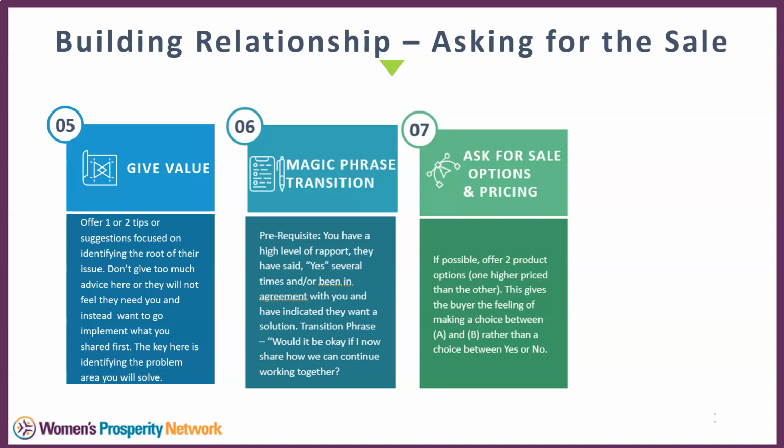And remembering that you are viewed as the expert providing a solution. The suggestion here is to offer two product options, one that may be higher priced than the other. By giving two product options or offerings, this gives the buyer the feeling of power in making a choice between A or B rather than a choice between yes or no.